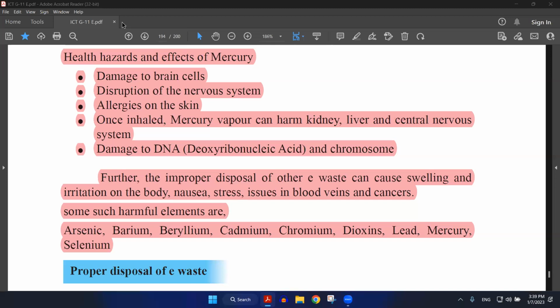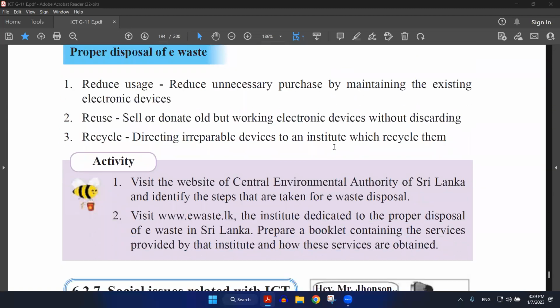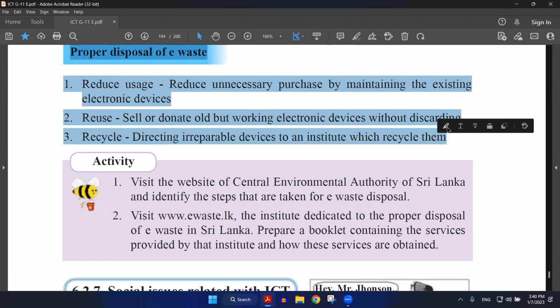All right. So moving forward. Yeah, you have to write about this as well: proper disposal of e-waste, about the methods, reduce, reuse, and recycle.